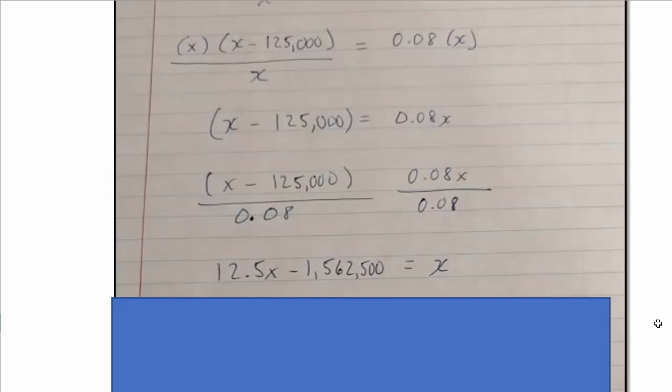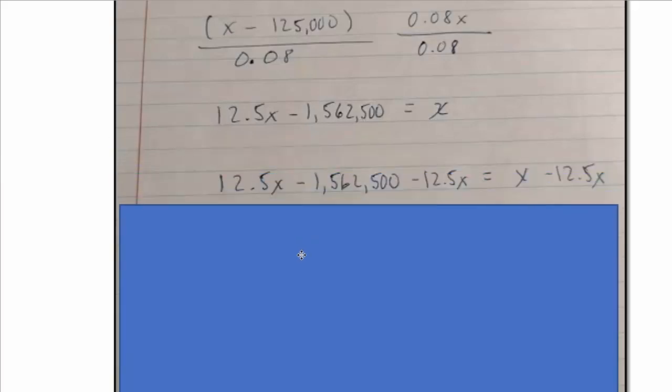Just 1 divided by 0.08 is 12.5, and we've got the x now in there, so 12.5x. And then we divide 125,000 by 0.08. That gets you 1,562,500. And that will equal x because 0.08x divided by 0.08 becomes 1x, which is the same thing as x.